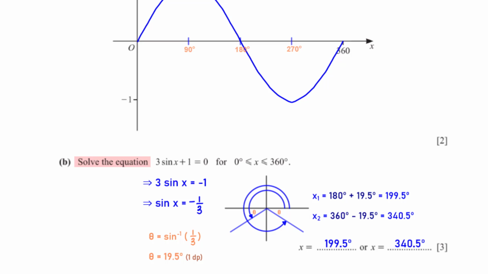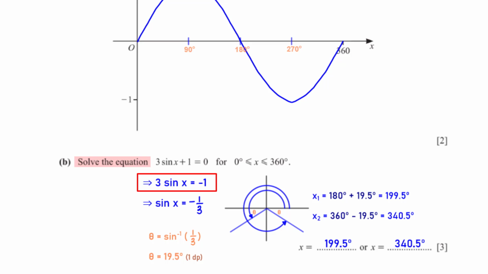Solve the equation 3 sine x plus 1 equals 0 for x greater than or equal to 0 degrees and less than or equal to 360 degrees. When we subtract 1 from both sides of the equation, we have 3 sine x equals negative 1.